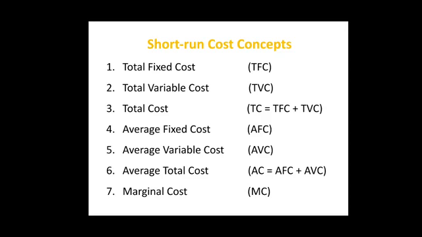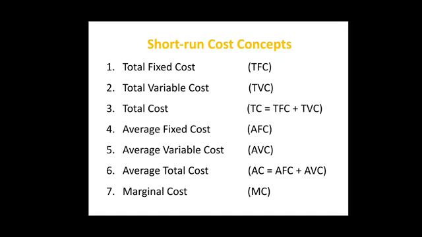On the other hand, in the long-run time period, quantities of fixed factors such as capital equipment, factory, building, etc. can also be varied for making changes in output. Thus, in the long run time period, there are no fixed factors of production and hence there are no fixed costs.